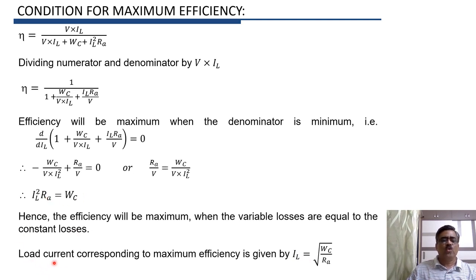So when load current is equal to under root Wc upon Ra, in that case variable loss will become equal to constant loss and efficiency will be maximum.